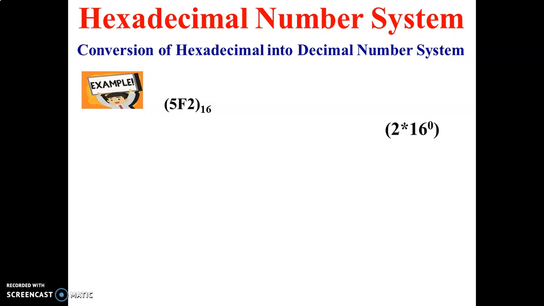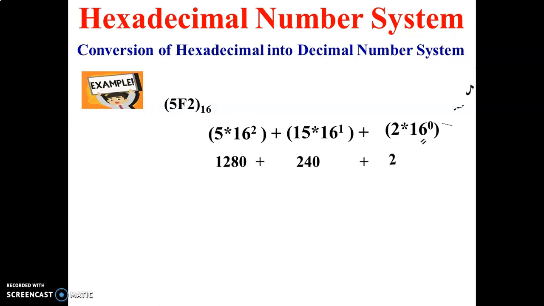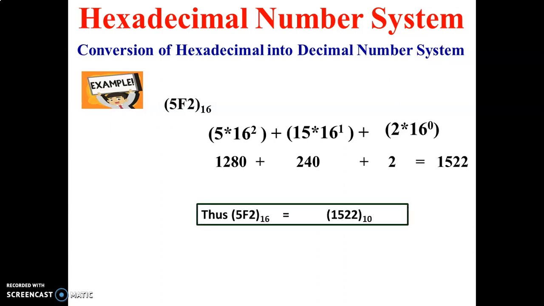So 2 multiplied by 16 raised to the power 0, 15 multiplied by 16 raised to the power 1, and 5 multiplied by 16 raised to the power 2. Now we solve this, and we see the result 1522. Thus 5F2 with the base 16 hexadecimal number is converted into 1522 base 10 decimal number. So this is the way to convert hexadecimal number into decimal number.